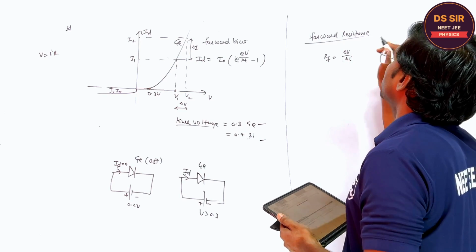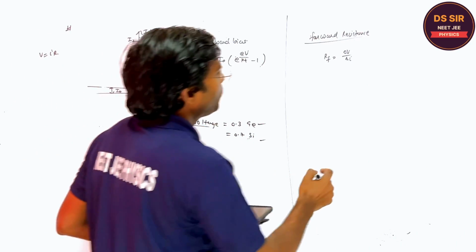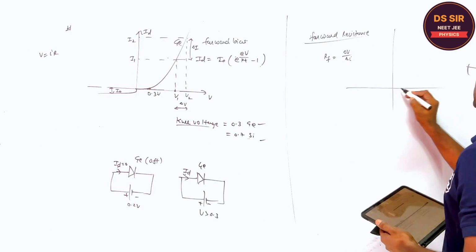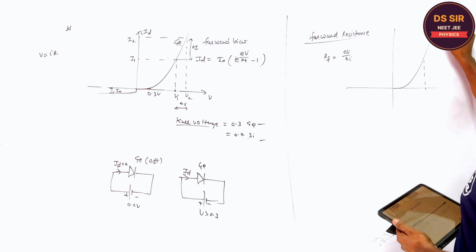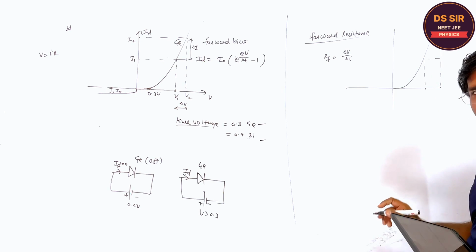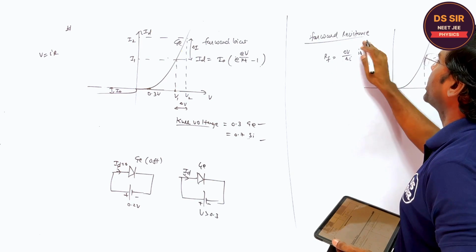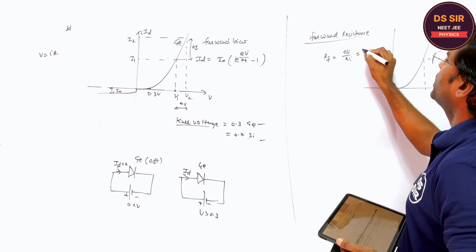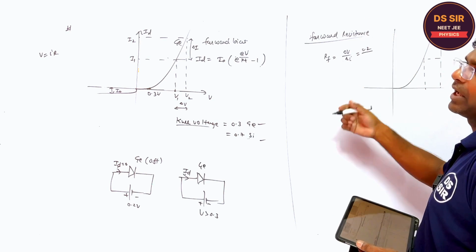For a small change in potential, the characteristic is like this: the current change is very high. Do you understand? So the forward resistance is very small, because the potential change is approximately 0.1 or 0.2 volt and the current is very high.